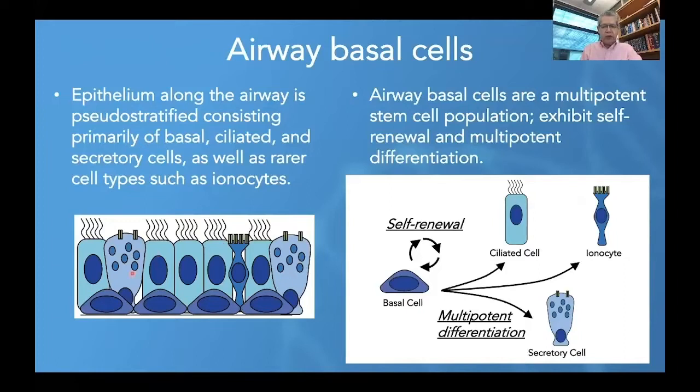So this is just showing the pseudostratified proximal airway epithelium with the basolaterally located basal cells, and then more luminally exposed the secretory, ciliated, and ionocytes. So the idea is if we can somehow successfully edit the basal cells, we may be able to give rise to progeny cells that are likewise corrected and express CFTR at the appropriate level.